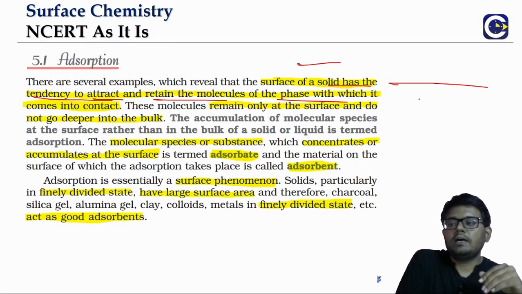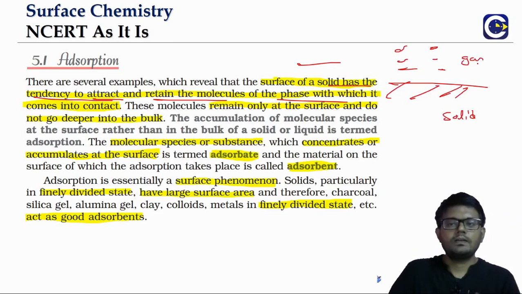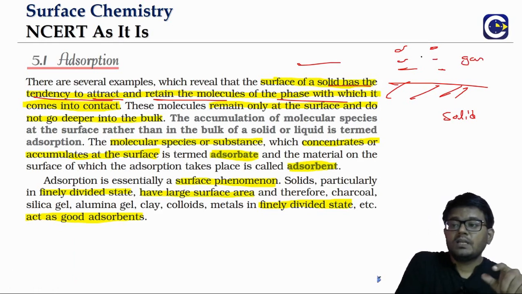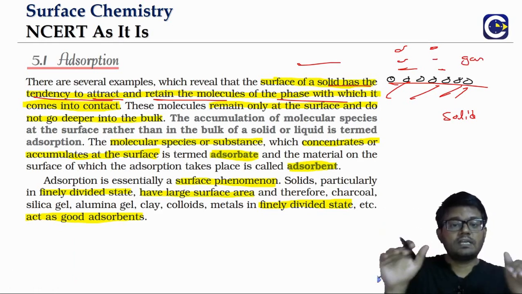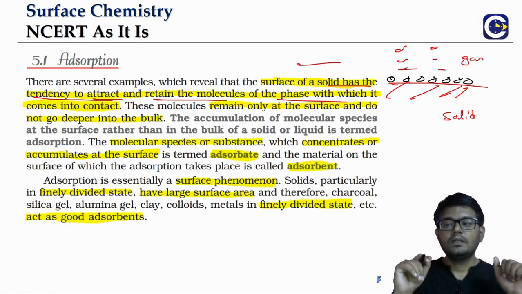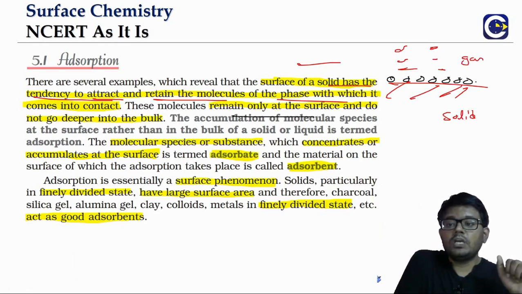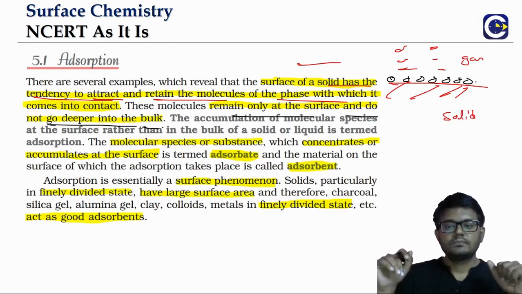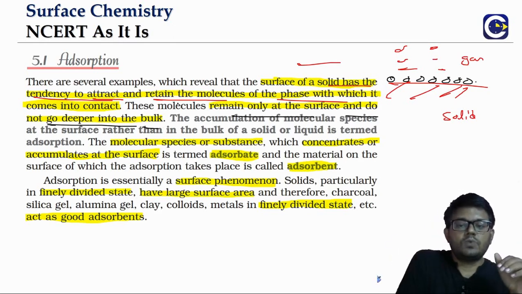Imagine you have a solid coming in contact with a gas. The surface of the solid has the ability to attract and retain the gas molecules on its surface. These molecules remain only on the surface. They don't go into the bulk of the solid. This phenomenon is what we call adsorption.